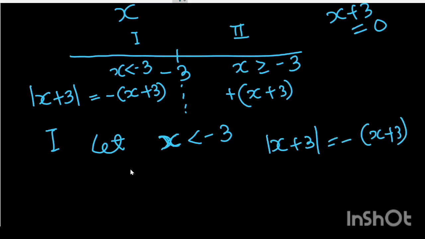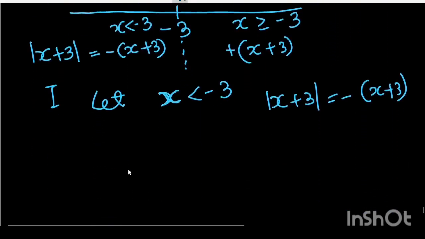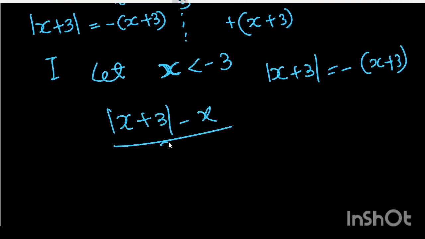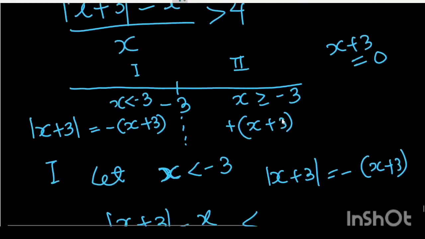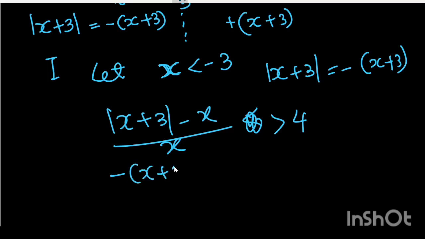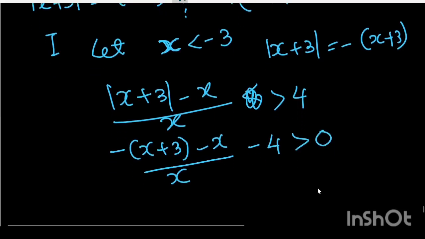So in the question, mod x plus 3 minus x by x greater than 4. In the first case, it is minus of x plus 3 minus x by x. The 4 I will take on the left hand side, minus 4 greater than 0.